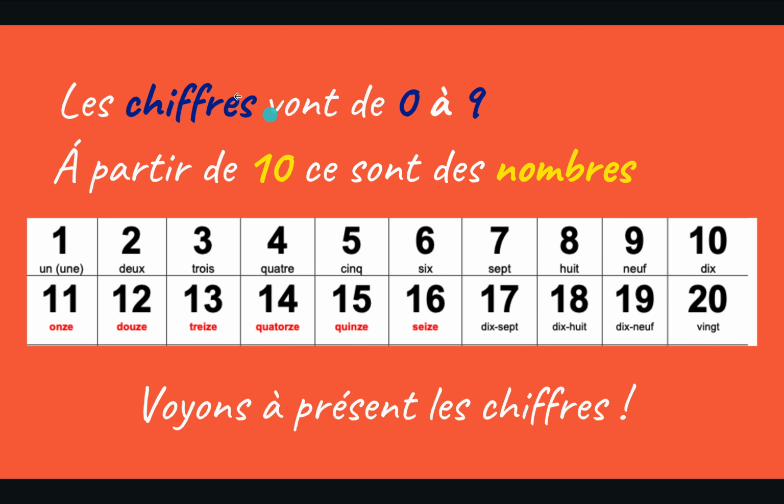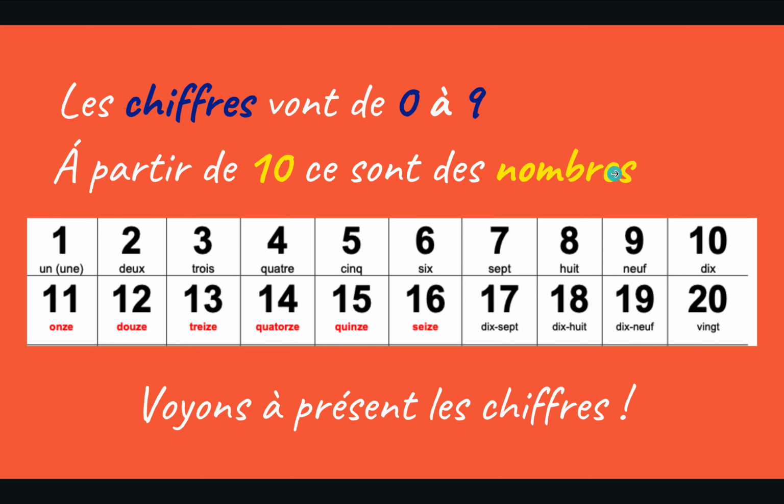Digits, we call it chiffres, les chiffres. Les chiffres, so it's from 0 to 9, de 0 à 9, it's what we call chiffres. À partir de 10, ce sont des nombres. From 10, this is what we called numbers, so nombres.